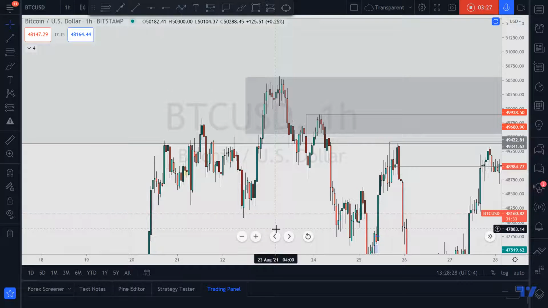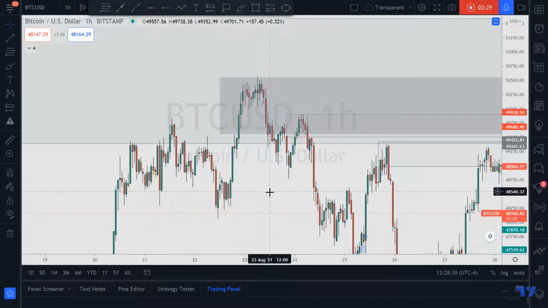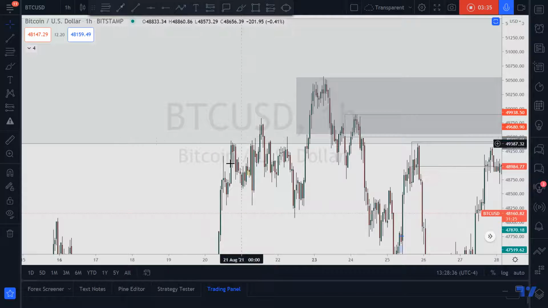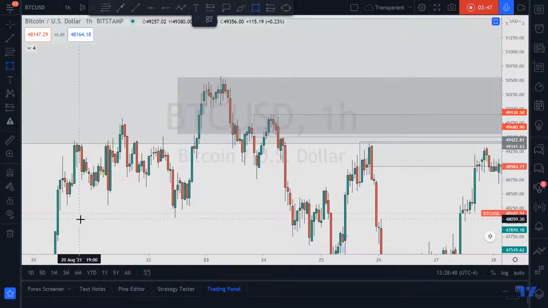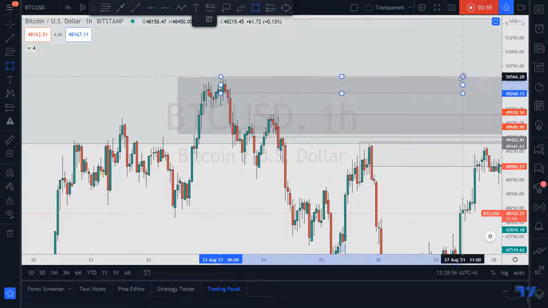But here we can see that price was showing signs of exhaustion, and it came up and came in pretty deep into this daily order block. What I want to see is a shift in momentum from bullish to bearish in this case. And we start to see the formation of order blocks being formed up here.